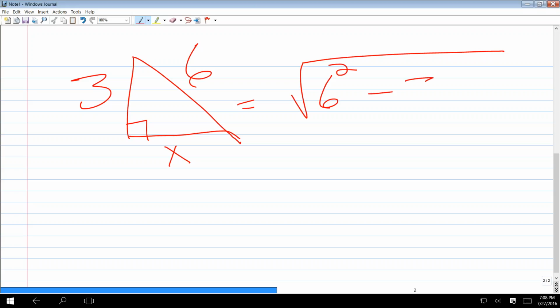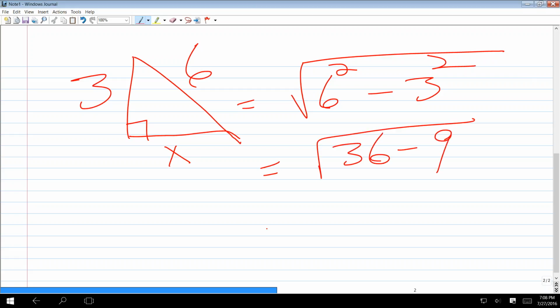I want you to give me your answer like this: the square root of 27. But I don't know that you understand it until you give me your answer like that. In other words, that's 36 minus 9, which is the square root of 27. And simplify that.